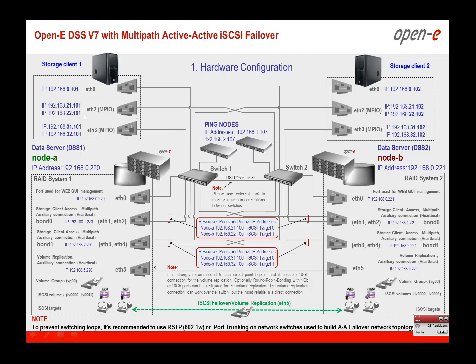So we will be connecting to the target 0 via 2 paths, and that will be initiator IP 192.168.21, and of course when I have 21.100 here, then I choose something else, so 101 here, and over the second port 31.101, okay, and that will be access to the target 0.